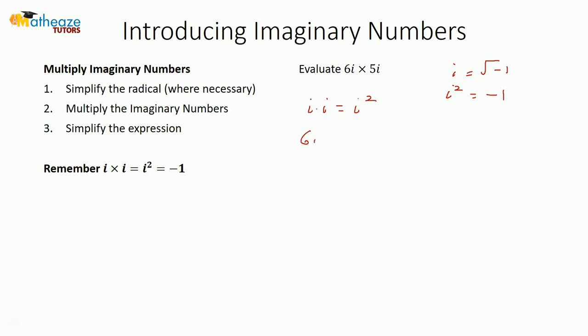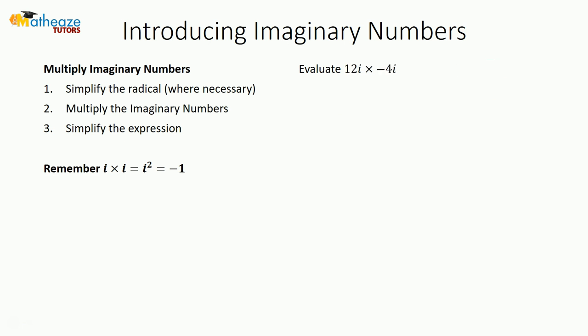So 6i multiplied by 5i is going to be 6 times 5 and then i squared, which is 30i squared. But i squared is going to be equal to -1, so it's going to be 30 multiplied by -1, which is -30.